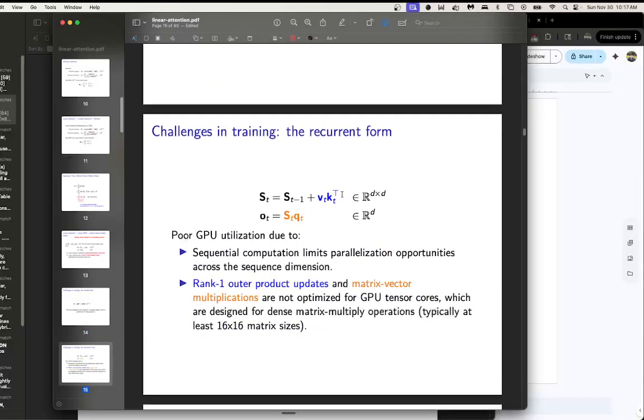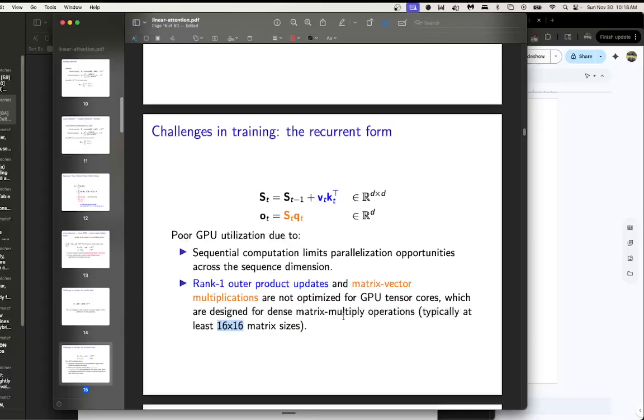The challenges with the recurrent form are basically these rank 1 outer product updates that we talked about, right? V and K transpose. The GPU tensor cores are not going to be used for this, at least with this naive single vector outer product, because the MMA PTX instructions to utilize the tensor cores require operands to be at least 16 by 16.